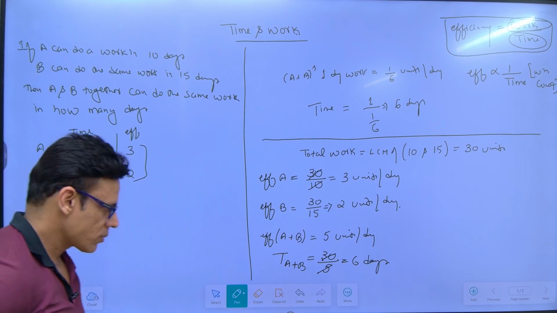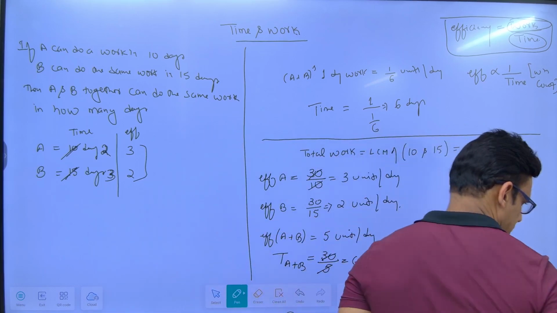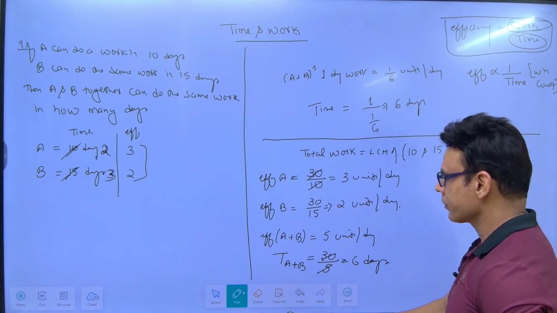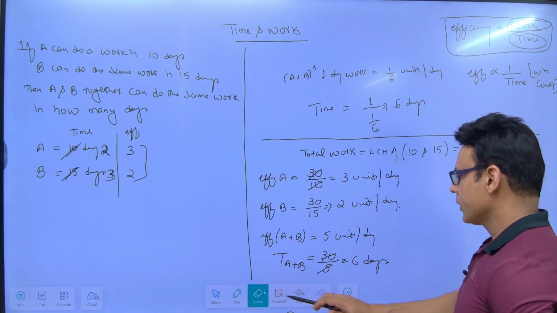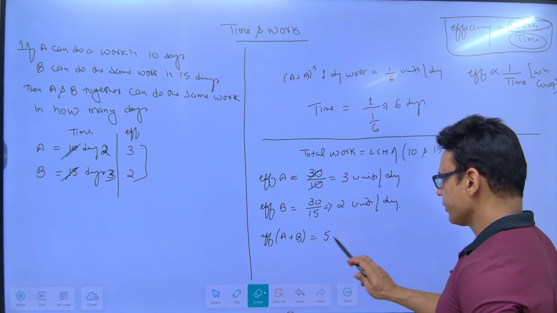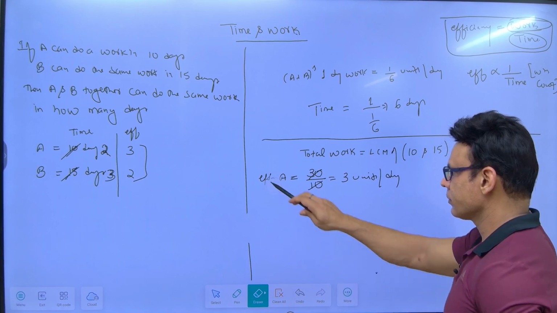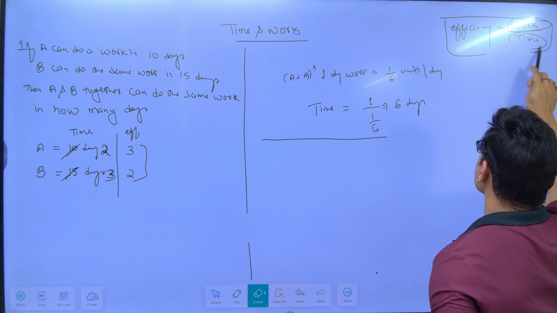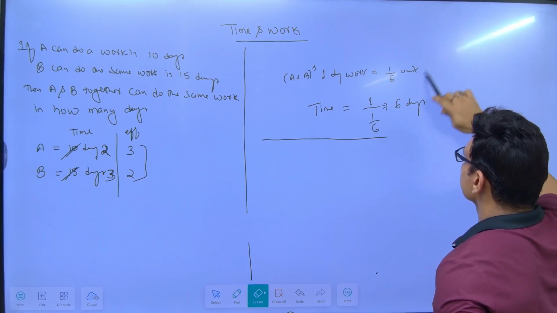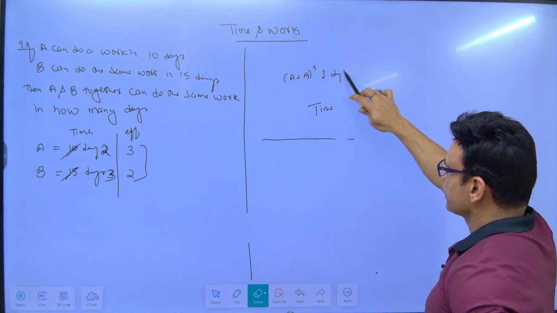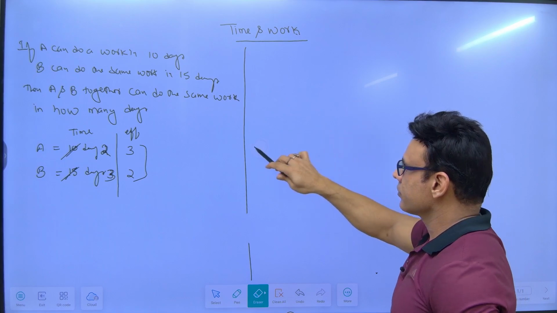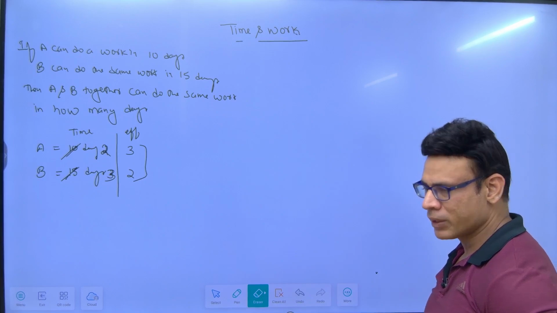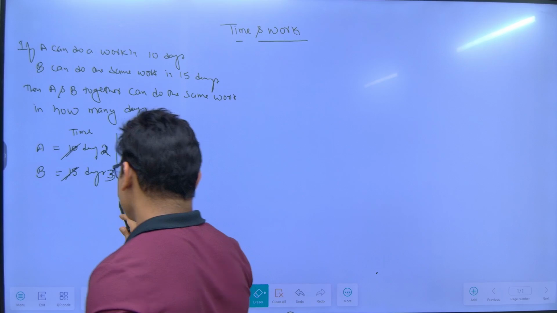Right? Now, you might have more than 2 also, 3 people, 4 people, 5 people, right? The concept remains the same.